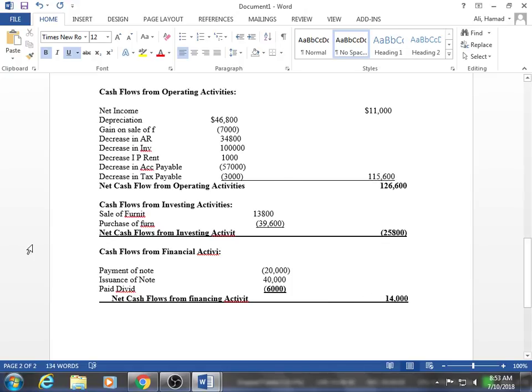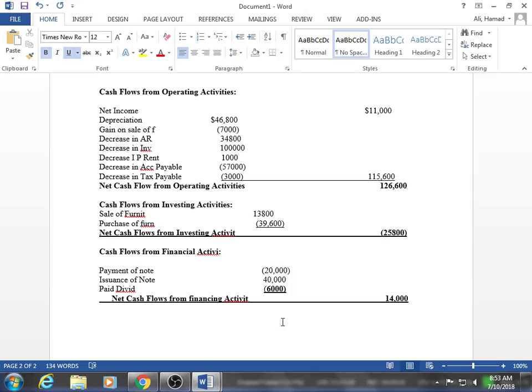So now we have three subsections. We have the 126,000 positive, and then a negative 25,800, and a positive 14,000.